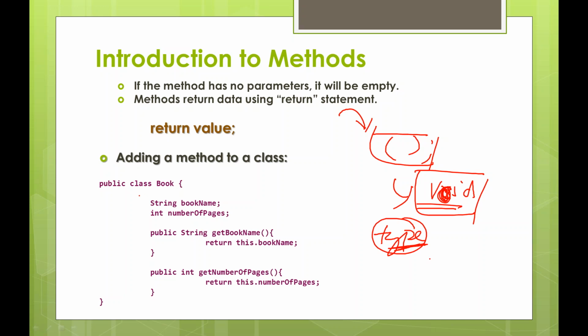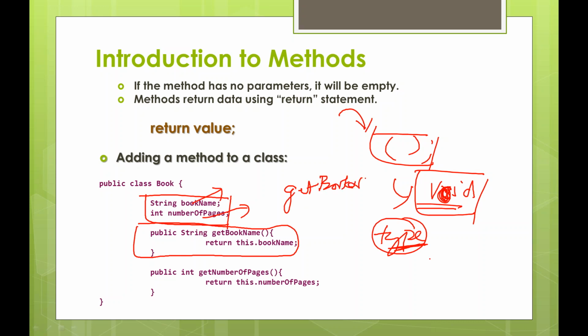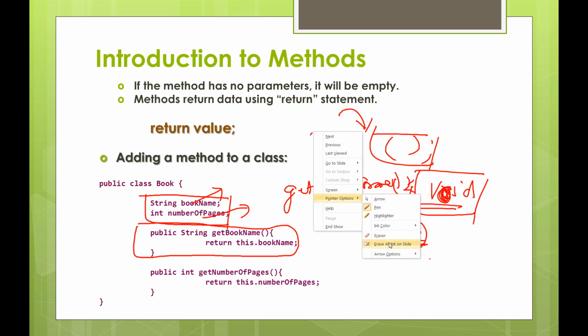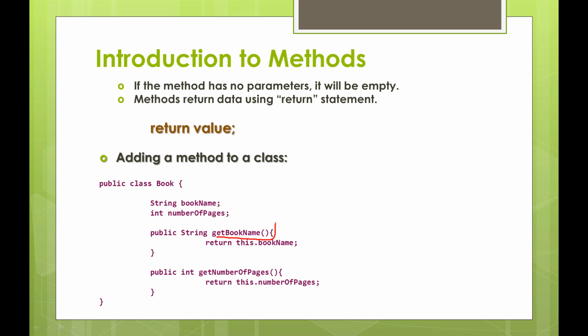Let us take an example. We have a book class. That book class has two instance variables, book name and number of pages. Let us define one particular method, get book name. As we can see, the method name is get book name. Here this is your access specifier, like we specified here.